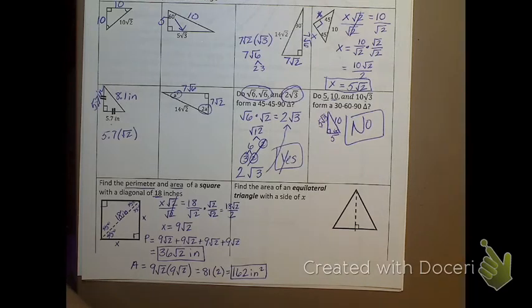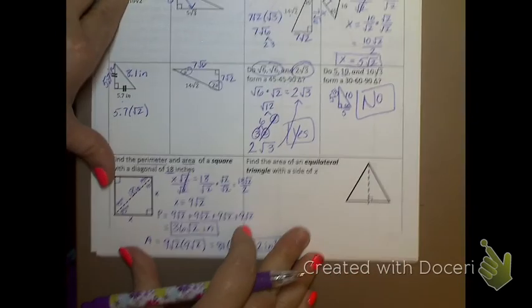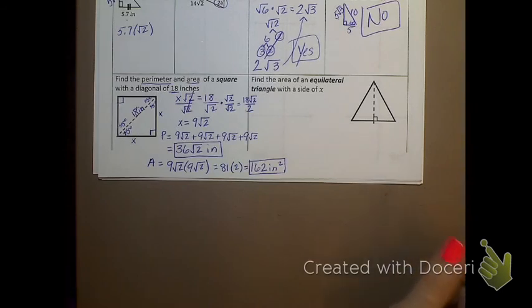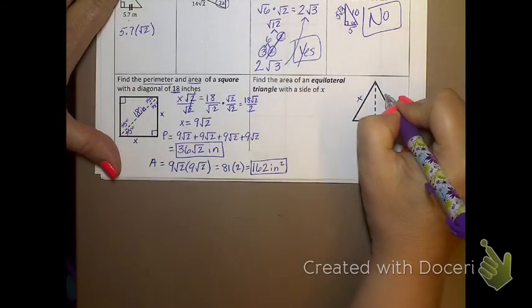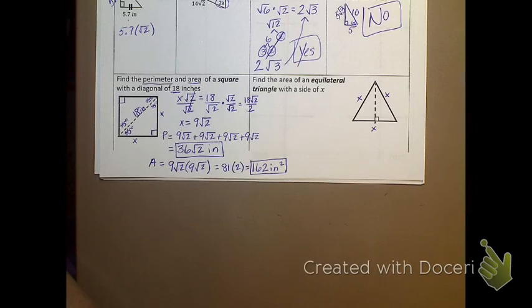Make sense? Okay. This last problem down here was actually a homework problem. This was number 8 on your homework last night. Find the area of an equilateral triangle with a side of x. What do you know about an equilateral triangle? All sides are equal. So if I call this side x, this side x, this side is also x. What else do you know about an equilateral triangle?